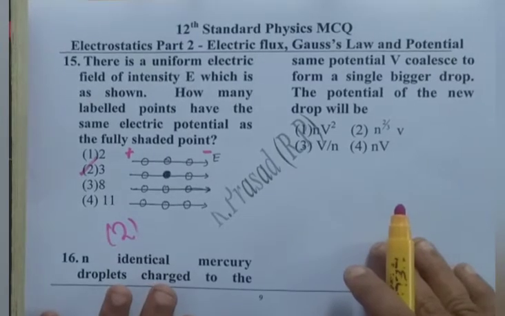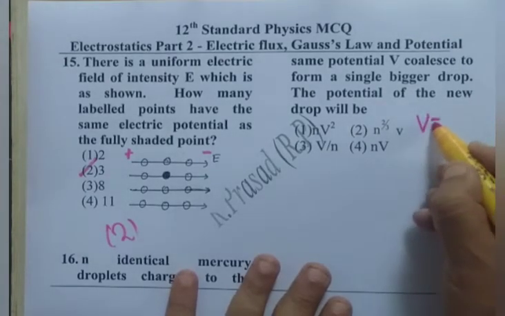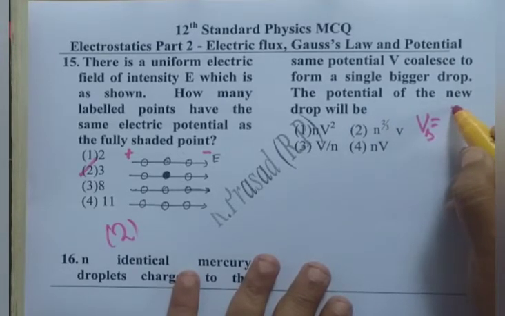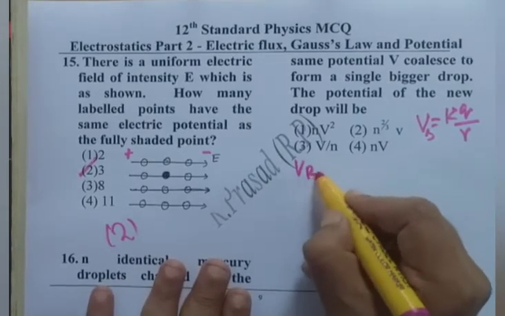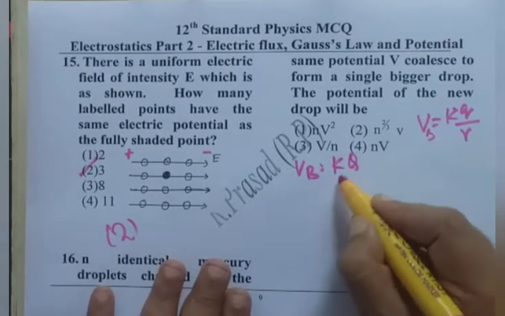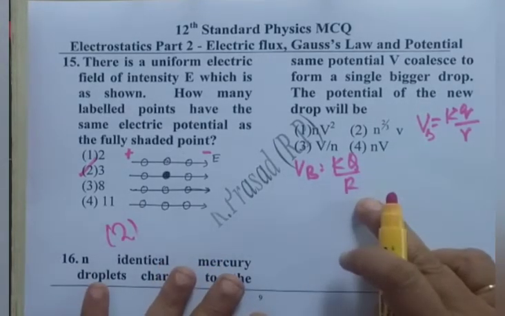Going for the 16th one, n identical mercury droplets charged to the same potential V coalesce to form a single bigger drop. The potential of the new drop will be, say here we know the potential of the smaller drop, I write Vs equals KQ by r, small drop radius r, and big drop Vb is KQ by R, where Q is the total charge when we coalesce them and R is the big drop radius.